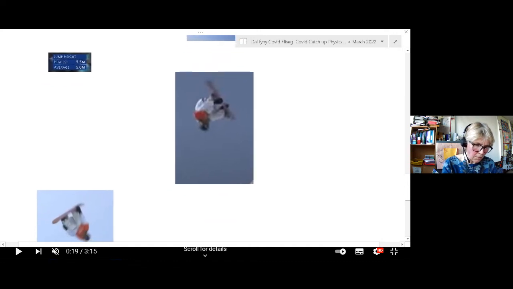But how will he move downwards? So again, we've got him now in a tight ball. There are two forces acting again.